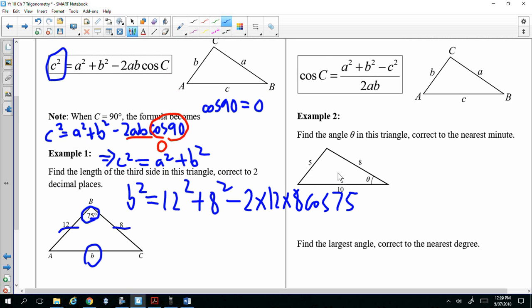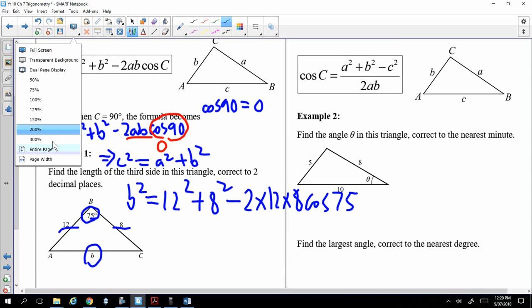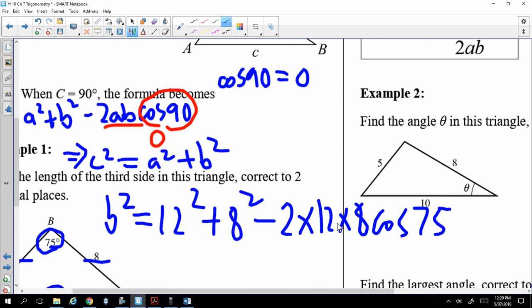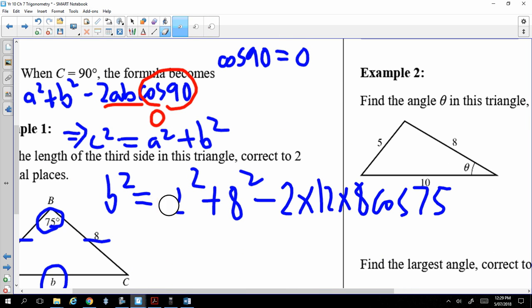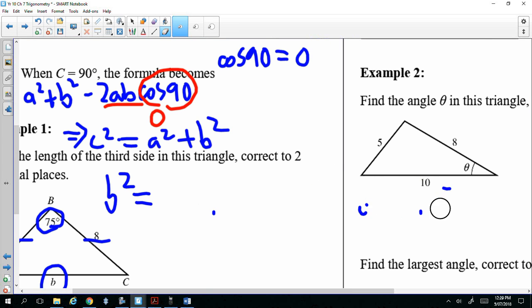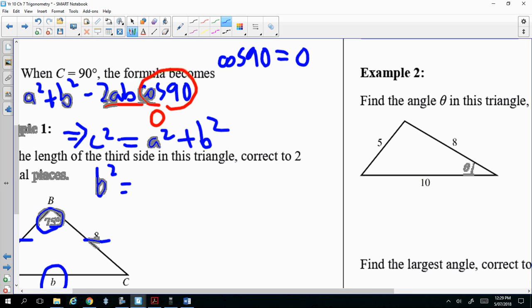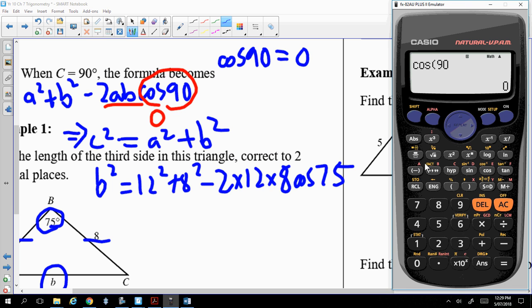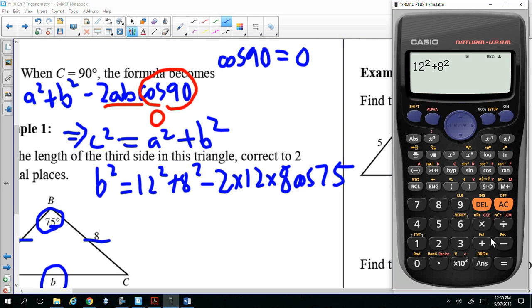Let me write a bit smaller so that it fits on the page. I'm going to rub off again. Write a bit smaller so I have enough space. So you write b squared equals 12 squared plus a squared minus 2 times 12 times 8 cos 75. All right, let's use your calculator. 12 squared plus a squared minus 2 times 12 times 8 cos 75.